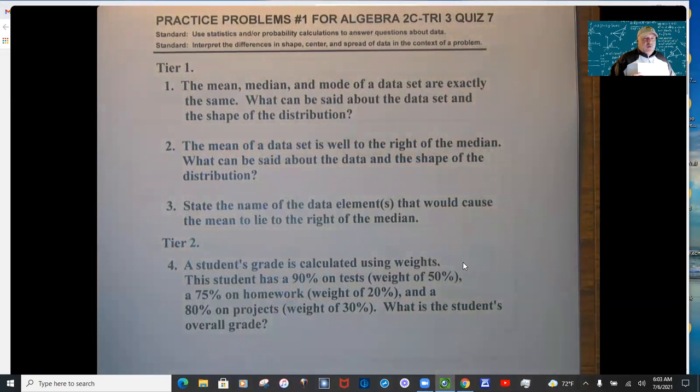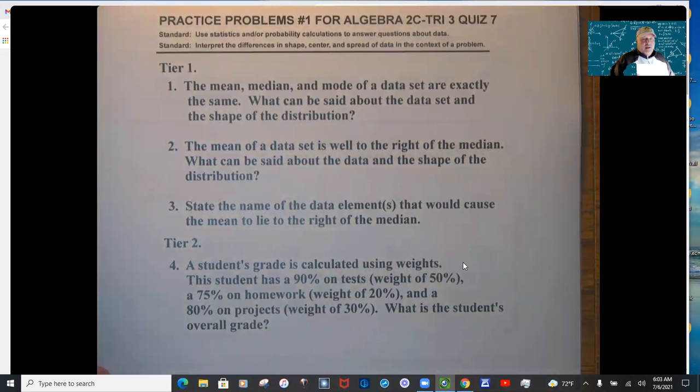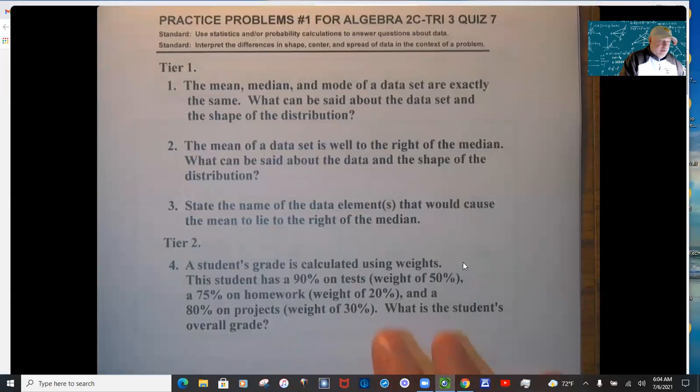Okay, so a lot of this quiz is about the nature, especially in the last part, the third page, of what outliers do to a data distribution and when you don't have outliers. Problem 1 is about a time when we don't have outliers, or there could be outliers at equal distances in both directions.